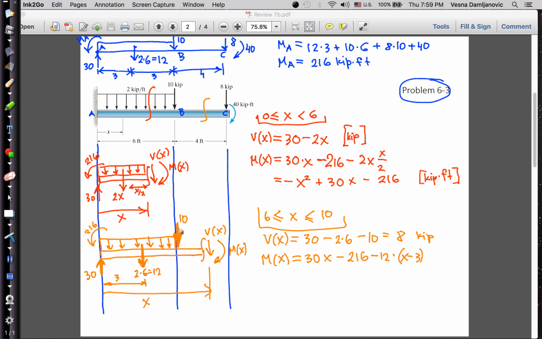Next force, the moment, is the moment of this force 10 around the cross section. So again, it's going to be the same. And the position of it is going to be x minus the position of 10, which is 6. So it's going to be minus 10, oops, and in the parentheses, I should probably write this a little better.